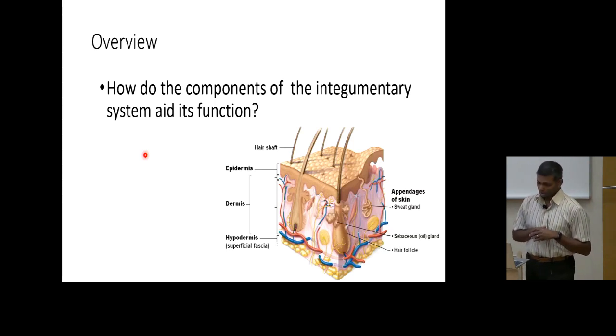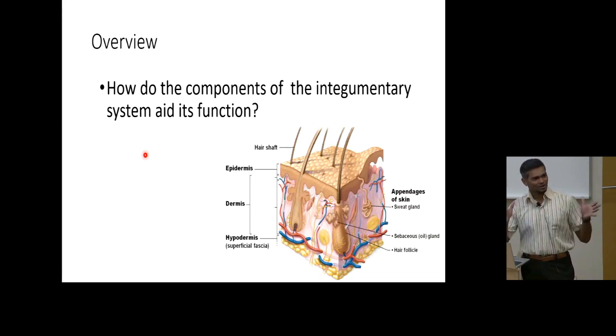And so in today's lecture, I just discovered in the previous lecture that we won't have time to talk about the various functions of the integumentary system. So I will answer the part on what are the components of the integumentary system, and then on Monday we'll talk about the detailed functions, and I promise there are a lot of functions.